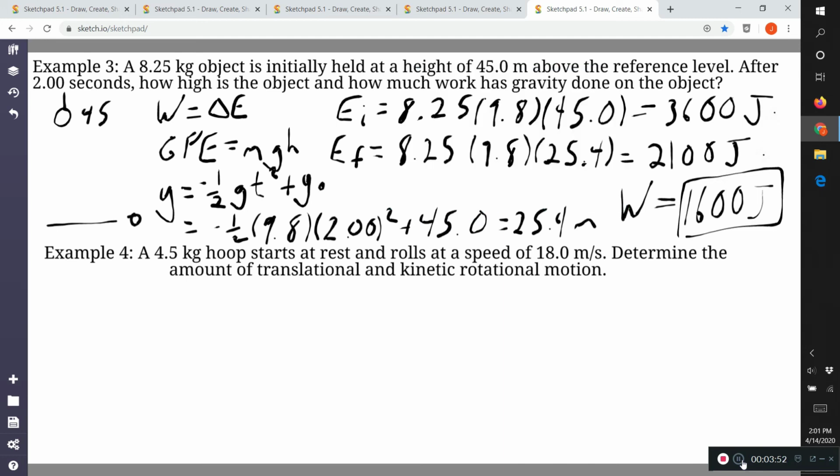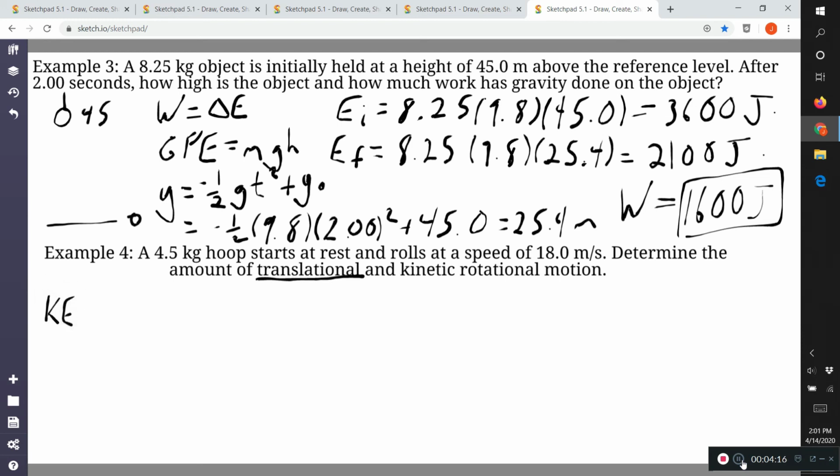All right, last one. This one's a bit of a tricky one. A 4.5 kilogram hoop starts at rest and rolls at a speed of 18.0 meters per second. Determine the amount of translational and rotational kinetic energy. So the translational is not hard because we have all the information for a translational.